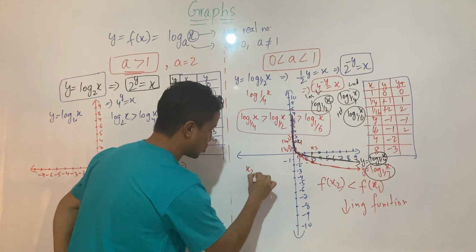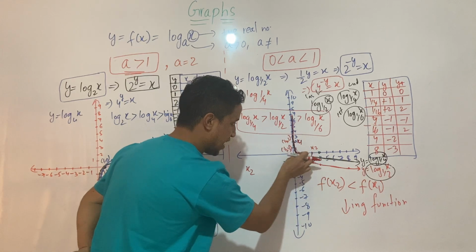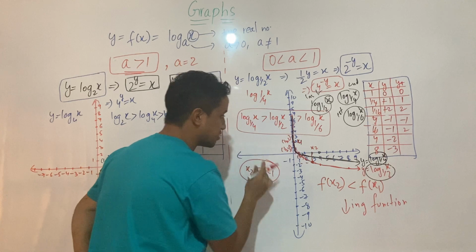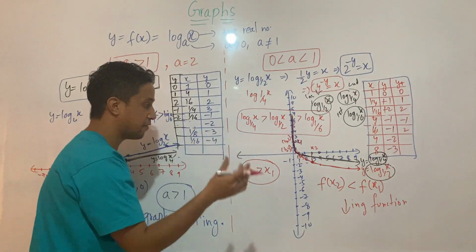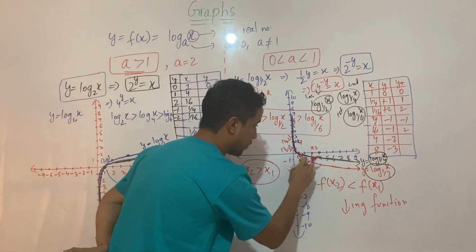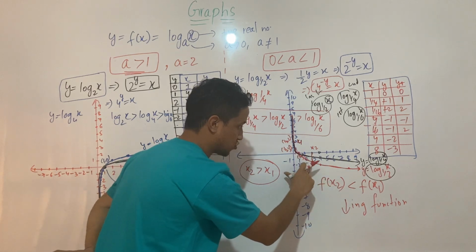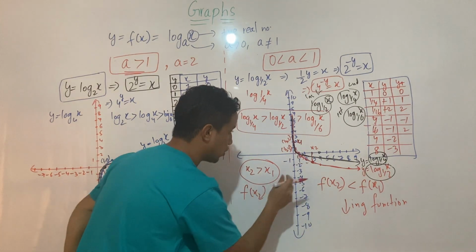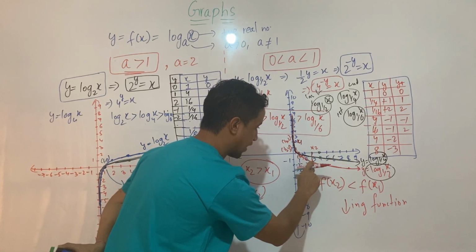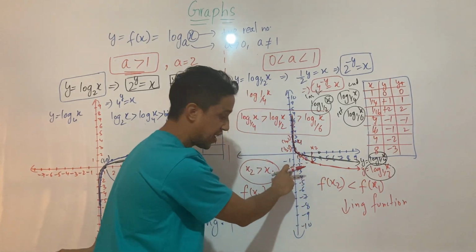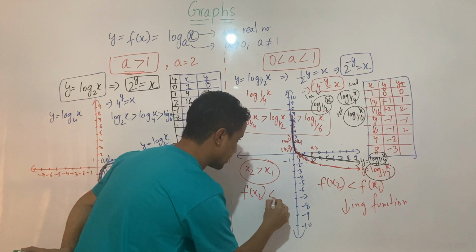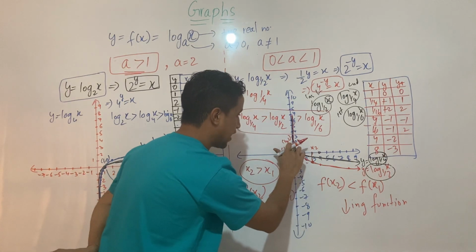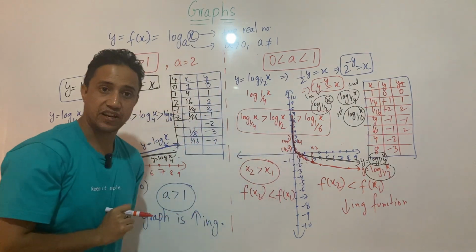Now see here x2 is greater than x1, right? But because it is a decreasing function, if you look at the value of f of x2, what is f of x2? f of x2 is negative, so it is less than f of x1. Why? Because f of x1 is the positive value of y.